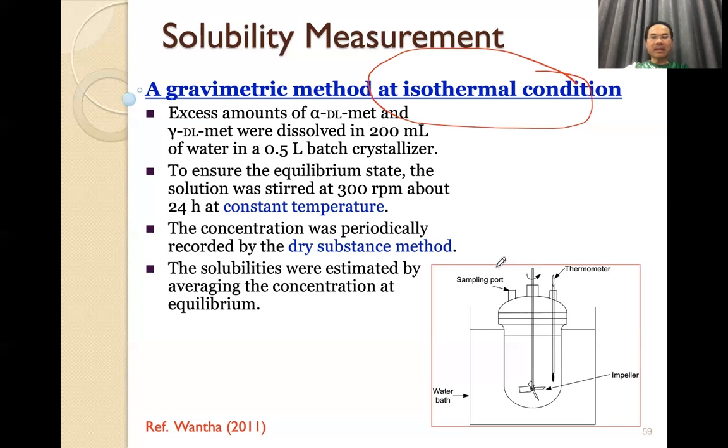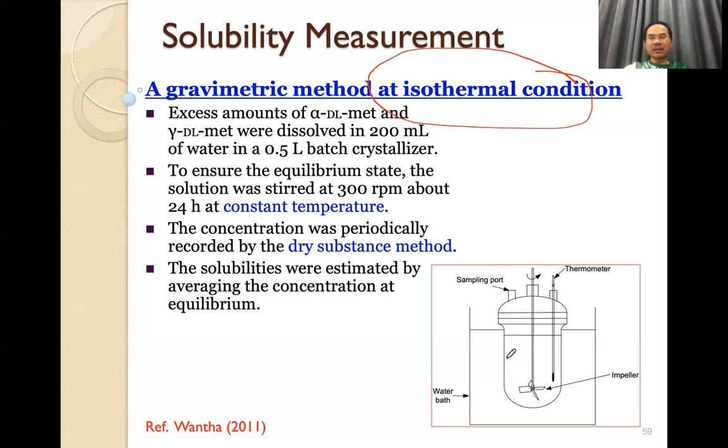Okay, for this case, we use the gravimetric method. That means we add some solute in terms of solid into the solvent, and then you mix it until it reaches equilibrium. To confirm whether it reaches equilibrium or not, you follow the dissolution with respect to time, and then you collect the solution.